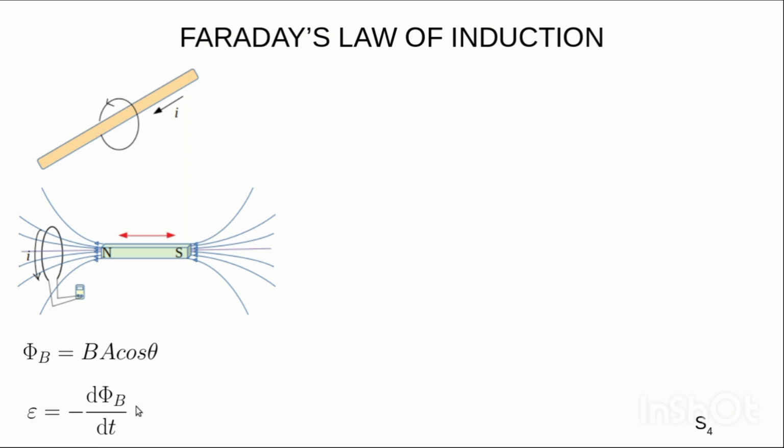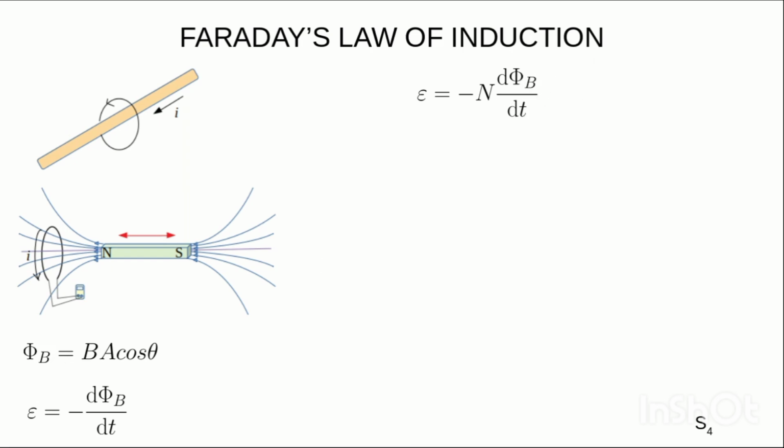This expression can also be rewritten as E equal to minus N d phi B over dt, where N is the number of loops. This one is only one loop, so if we wrap this loop several times, that is taken care of by our N. As the number of loops increases, it also increases the induced EMF.